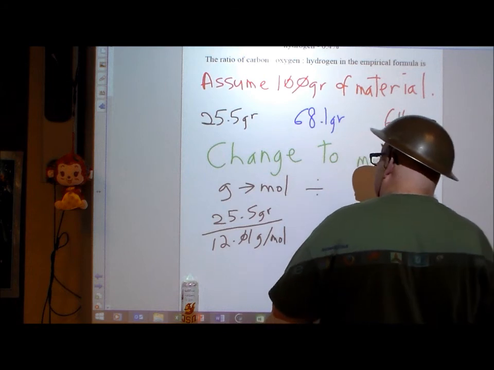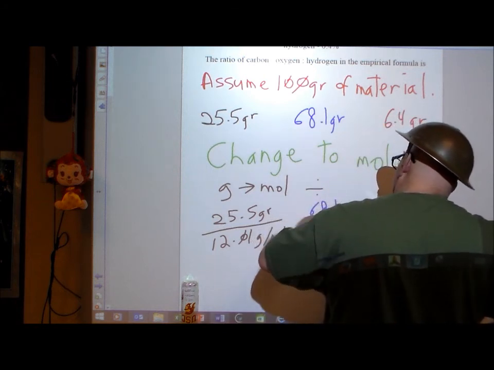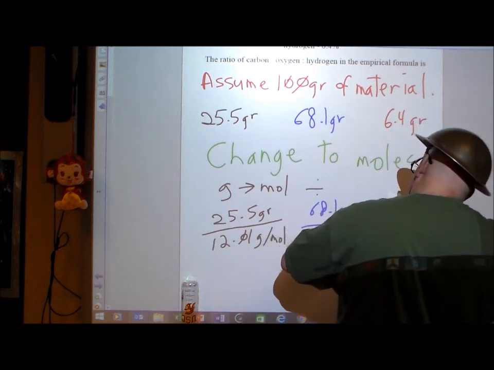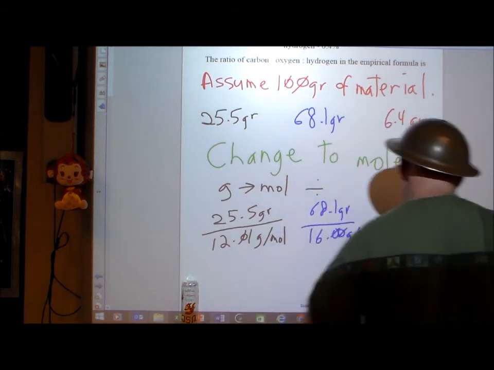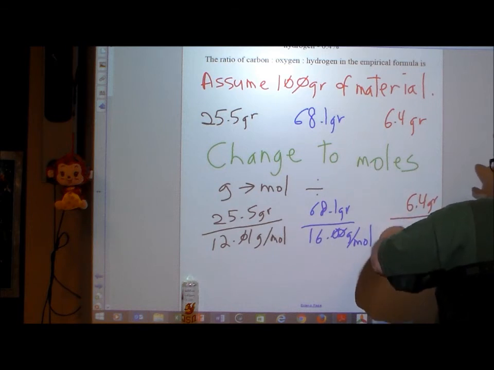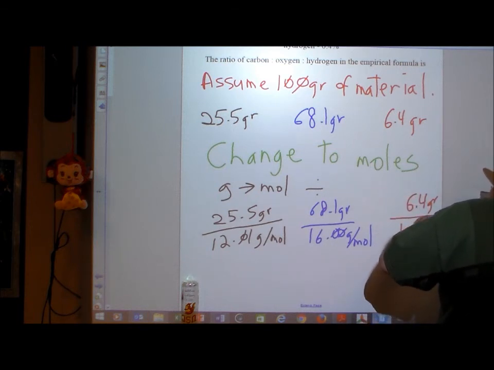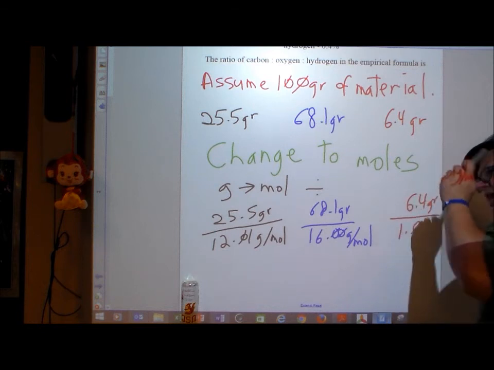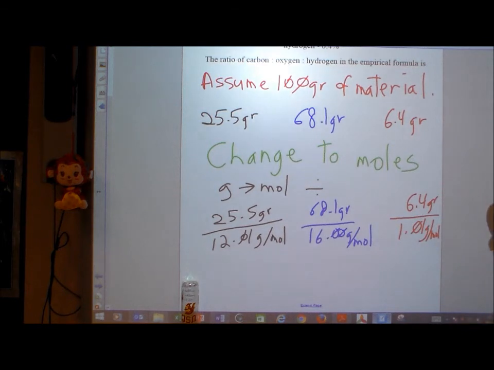We're going to have 68.1 grams over 16 grams per mole. And then we're going to have 6.4 grams over 1.01 grams per mole, because I was thinking H2 there for a moment. Nope, we're just looking at our entire ratio here.